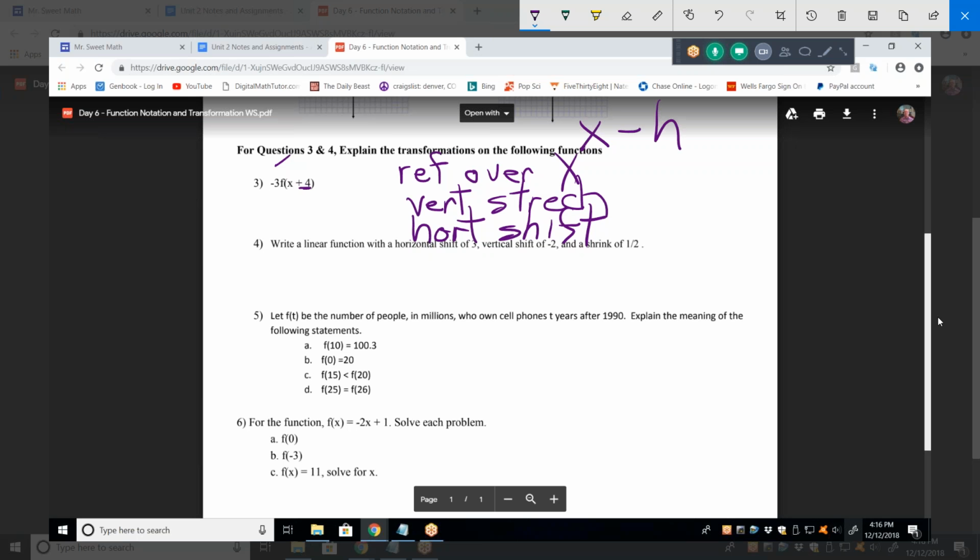If I had x minus h and h was -4, it would come out to be x plus 4. So when you see x plus 4, h is actually -4, which means left, 4 units. Another way to think about it is if that's a negative sign, you're going right. If that's a positive sign, you're going left.